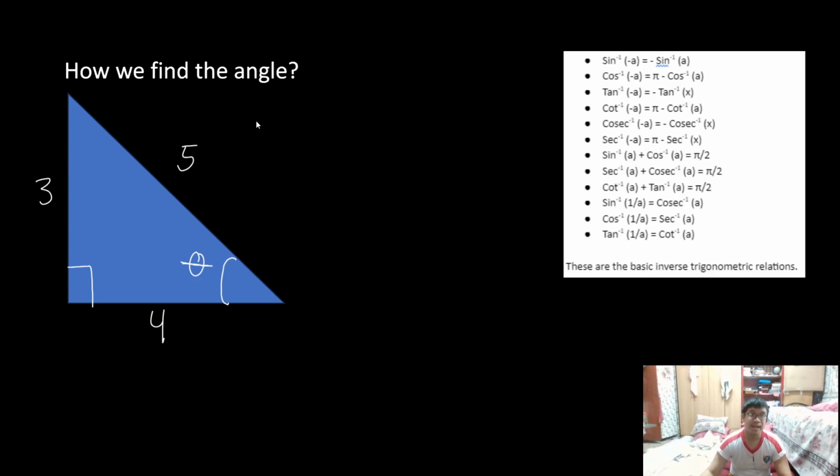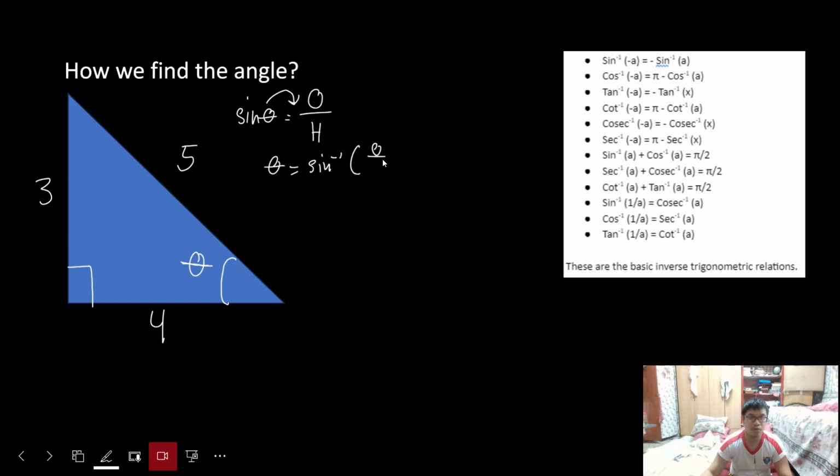So let's try first with the sine theta. Okay? Remember that sine theta is equal to the ratio of opposite to hypotenuse. So you will have theta is equal to arc sine of O over H. Now we substitute.